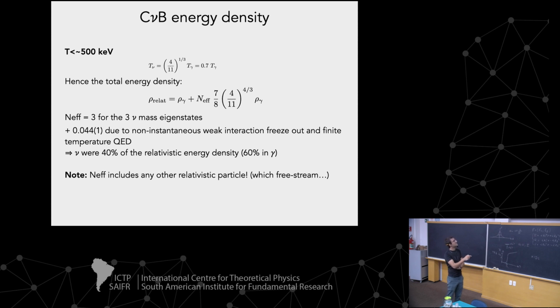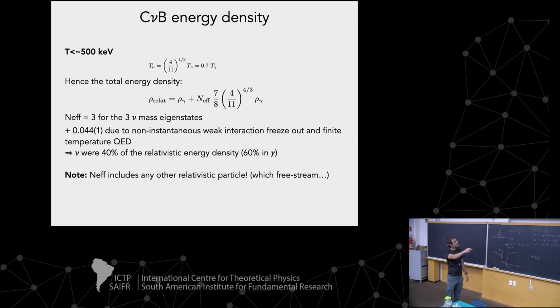And if you convert that temperature into energy density, so at early time, and certainly in the radiation era, the neutrinos were relativistic. And so the energy density in a relativistic species is the sum of that in the photons plus that in the neutrinos. And the neutrino energy density is related to the photon energy density.